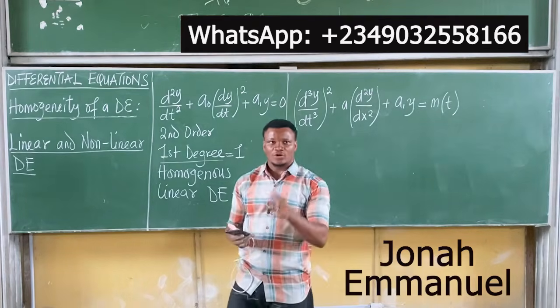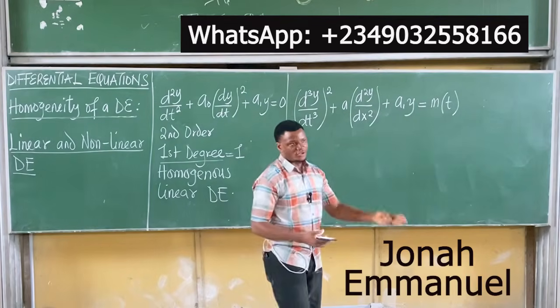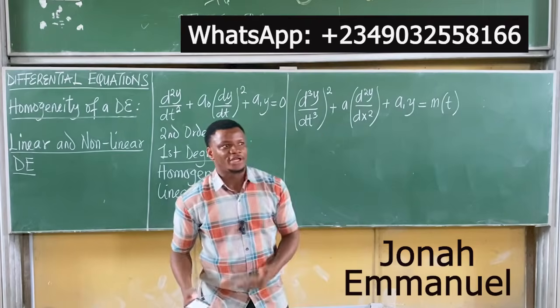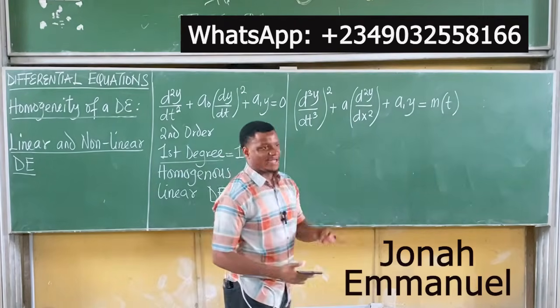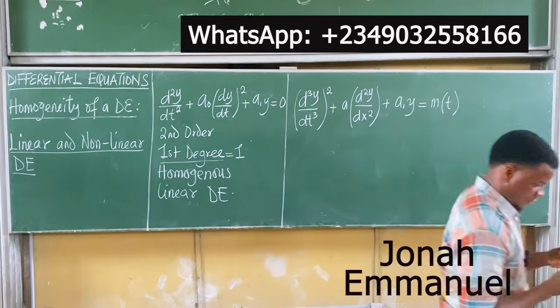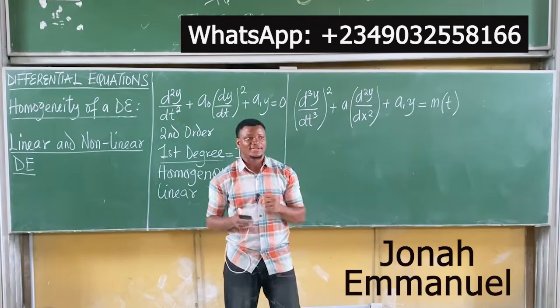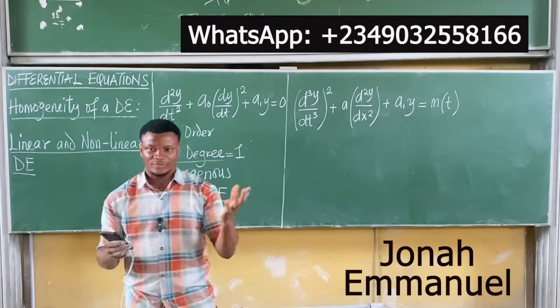Please, on your own, write out the order, the degree, whether it's homogeneous or non-homogeneous, then tell us if it's linear or non-linear. You have just 120 seconds. Your time starts now.